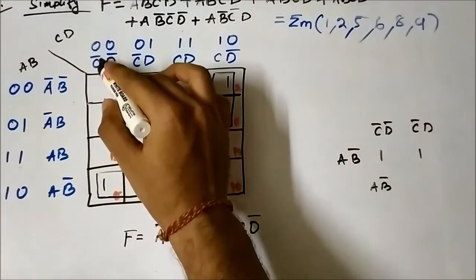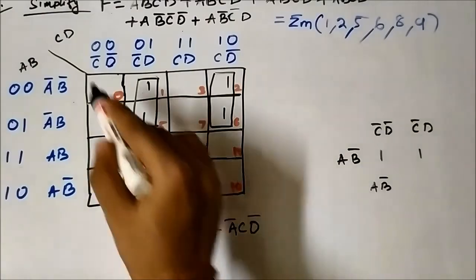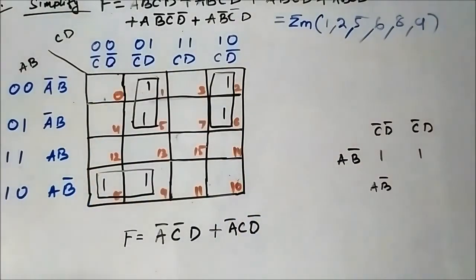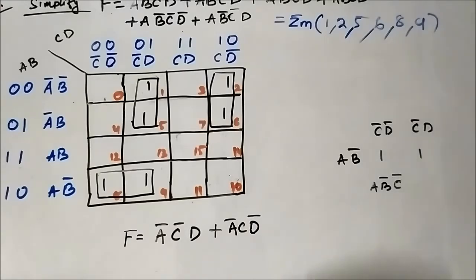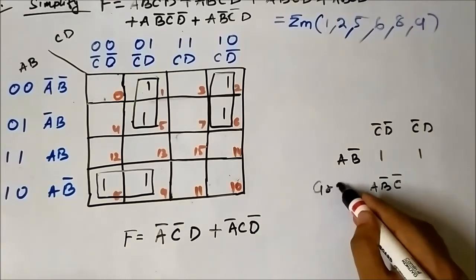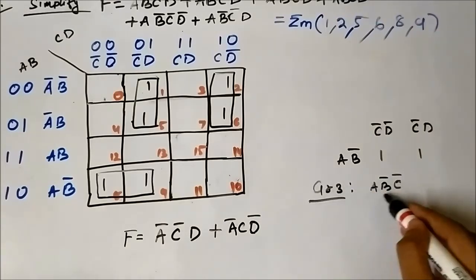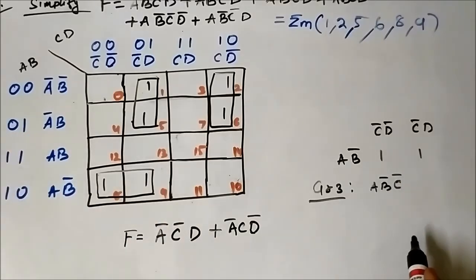Then C bar is common in both the cells: here C bar D bar, here C bar D. So for group 3, the third pair, the common set of variables is A, B bar, C bar.